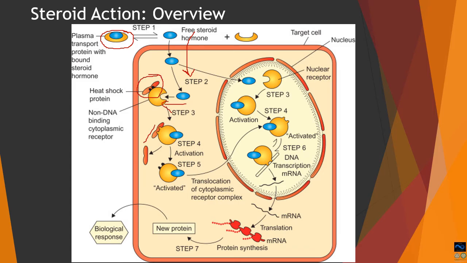The heat shock proteins move out and the receptor undergoes conformational change, usually dimerizes, and gets activated. Then this hormone receptor complex moves to the nucleus, where it interacts with specific target genes at specific elements called hormone response elements, resulting in expression of more and more mRNA, which in turn causes the synthesis of proteins, usually metabolic enzymes, which mediate the biological function. I hope this is clear.